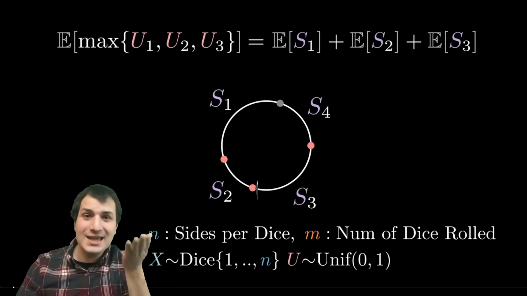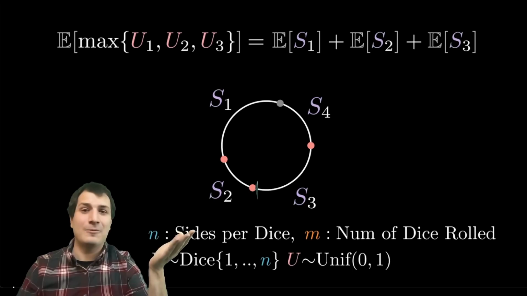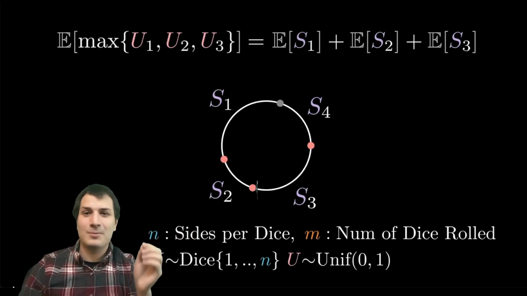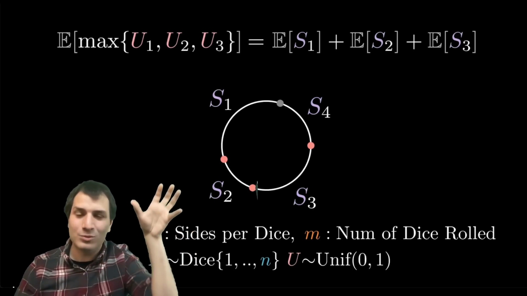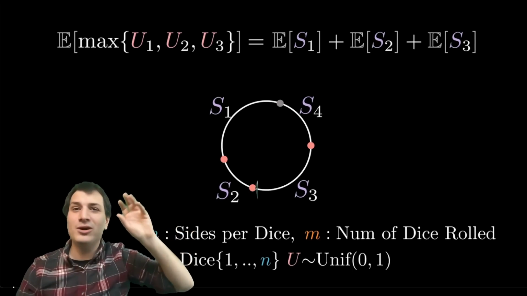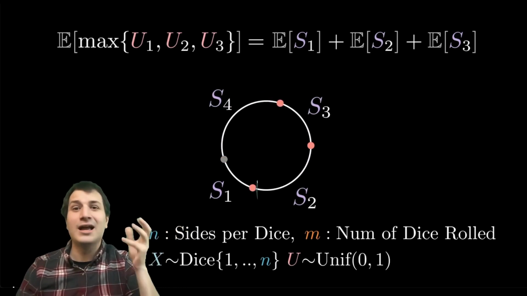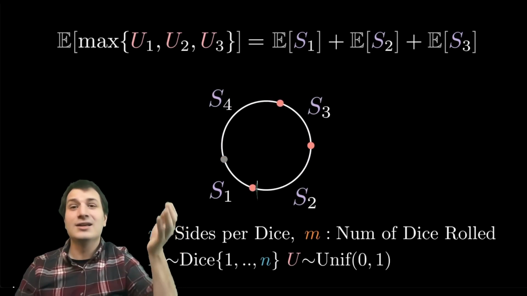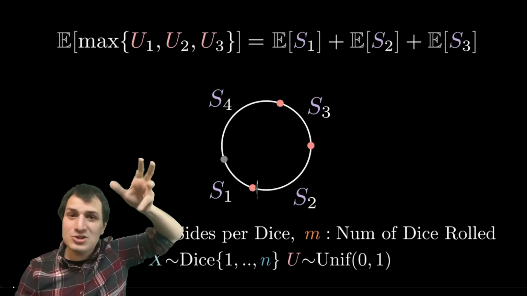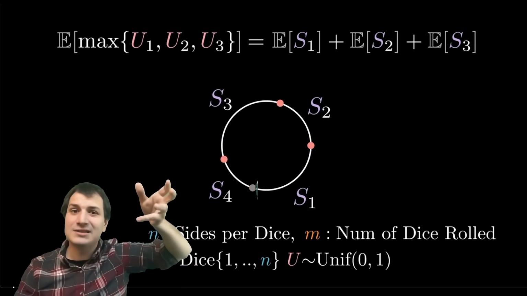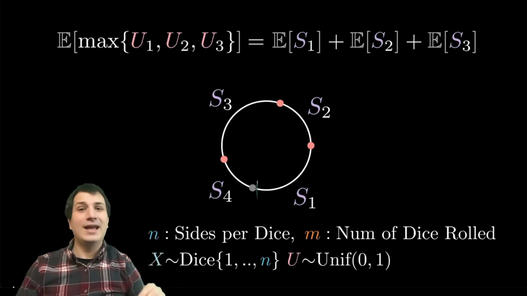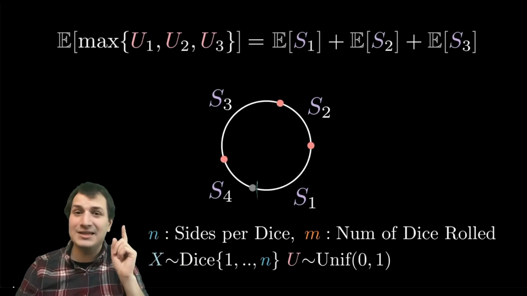It's equally likely that this configuration would come out. Very technically, to prove this, you would use a probability preserving map, which just shifts everything by 1. But the point is that S1, S2, S3, and S4 are cyclically symmetric. So S1 and S2 have the same distribution because you can rotate the circle to map S1 into S2. And because of that, they must all have the same exact average.